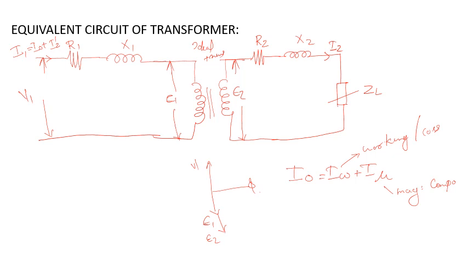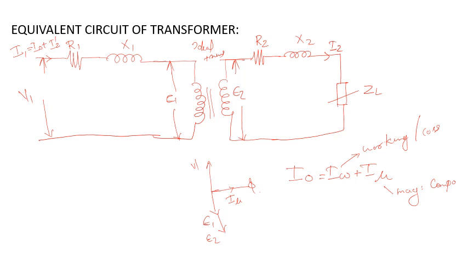So I have to draw this like here. Magnetizing component I mu will always be in phase with the main flux phi, and this is the no load condition diagram for an ideal transformer.